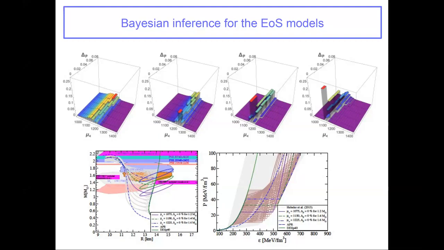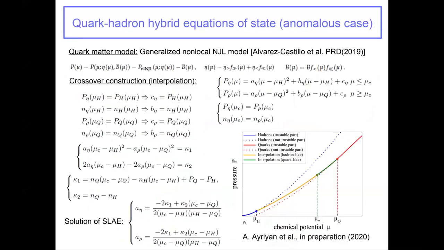So I would like to show the anomalous case. This is a very interesting case, which was advocated by Toru Kojo, but before by Hatsuda, Masuda, and Takatsuka, and also by Baym and others. And here we have the situation that hadronic equation of state and quark matter equation of state would not cross, but we can say, okay, at low densities, we believe the hadronic model.